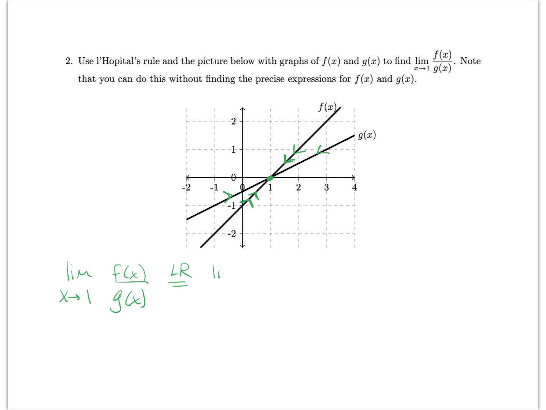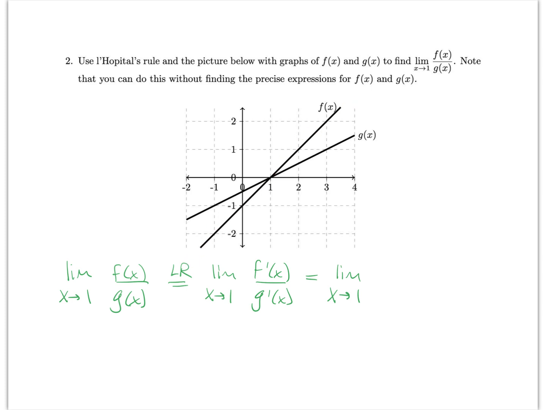So I can take the limit as x approaches 1 of f prime of x over g prime of x. And f prime and g prime are the slopes of f and g. Because f is a line, f prime is just the slope of f at every value.